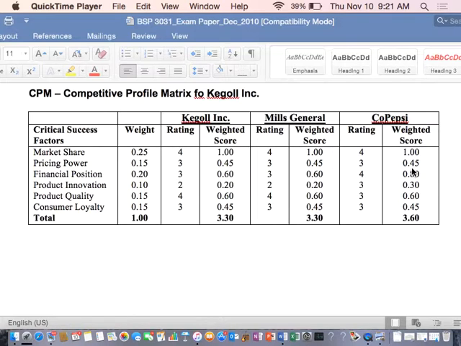So start with the most important bits, and in case you run out of time, at least I have advised my company on the most important factors, which is market share. What does it tell you when you look at market share for all three of these companies? So what does it tell you?